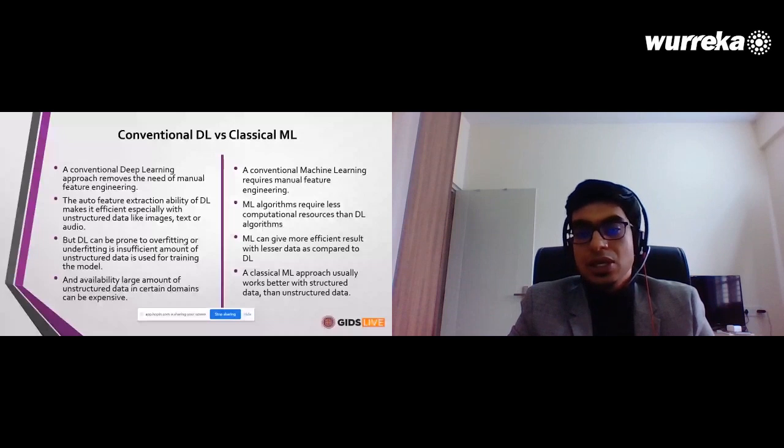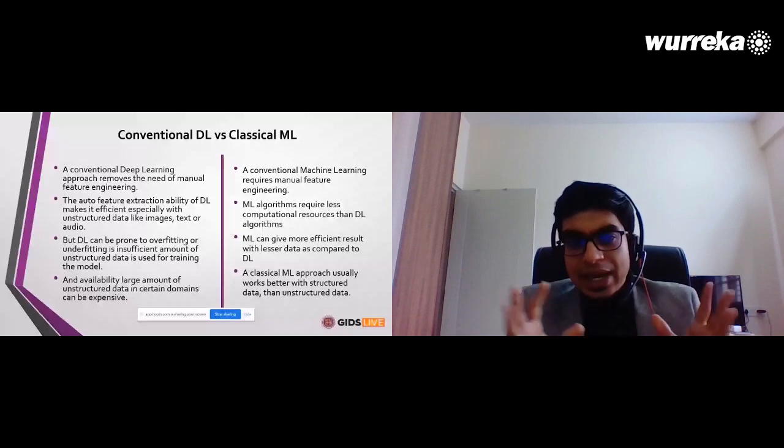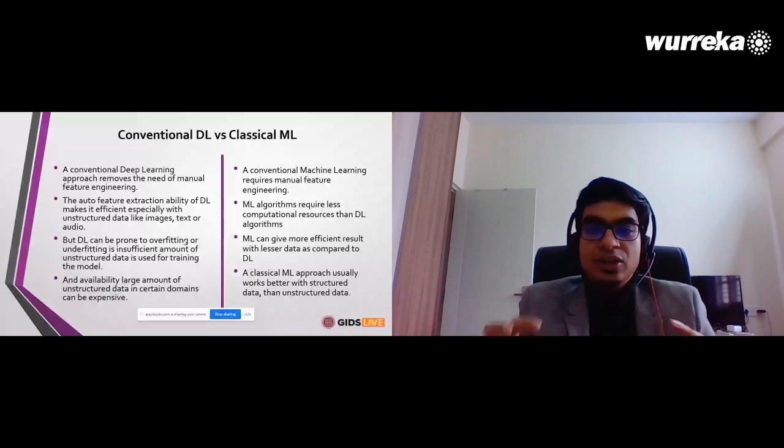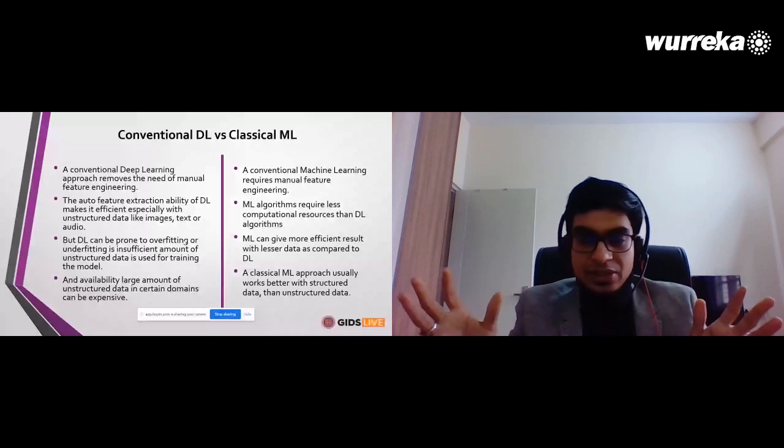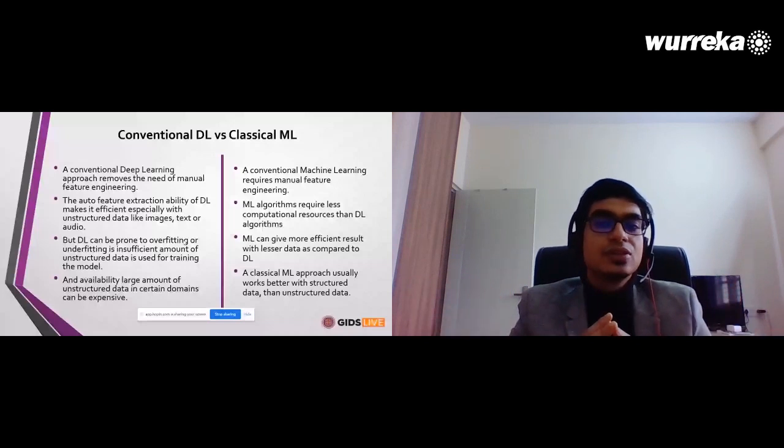So how exactly can we cherry pick the benefits of both these approaches, deep learning and machine learning, and fuse them together to form something great? That is where deep hybrid learning comes into the picture.